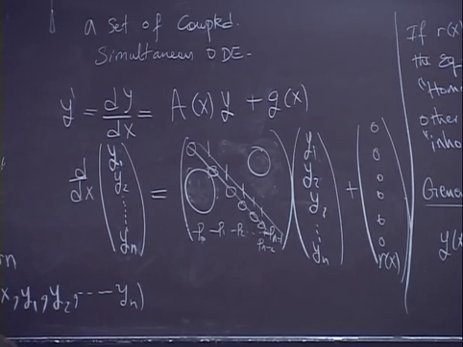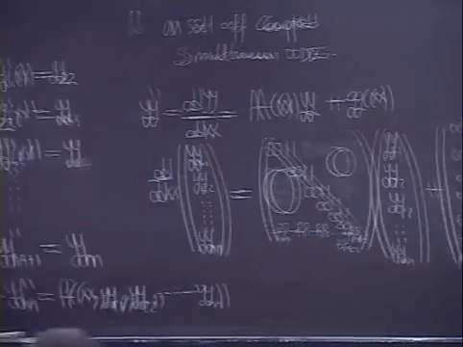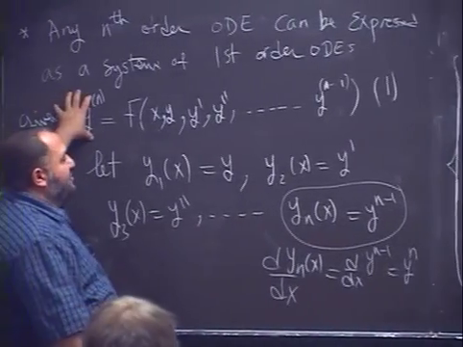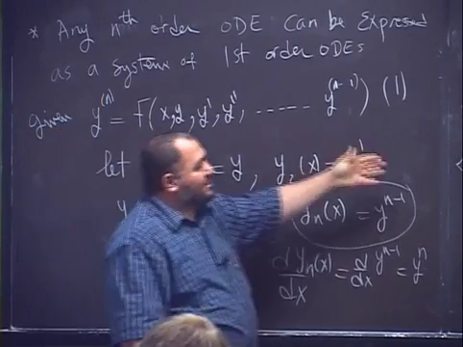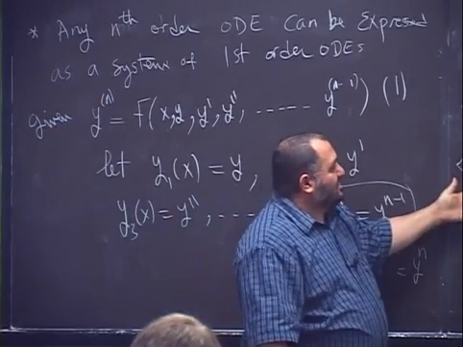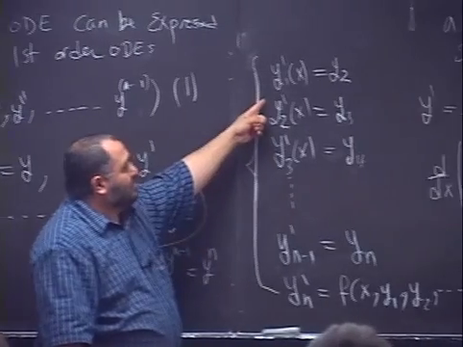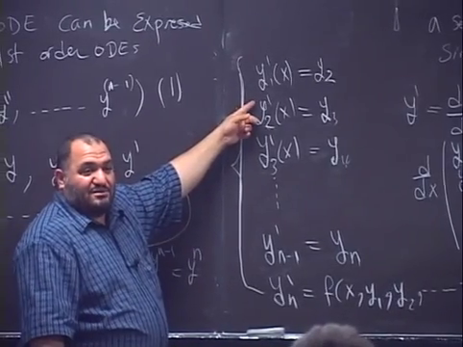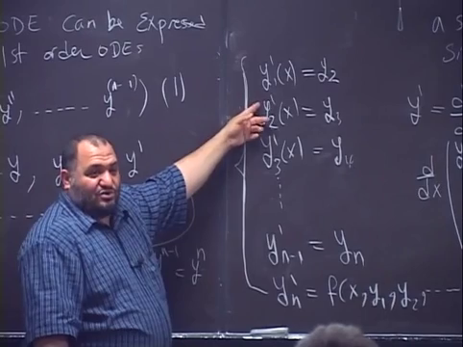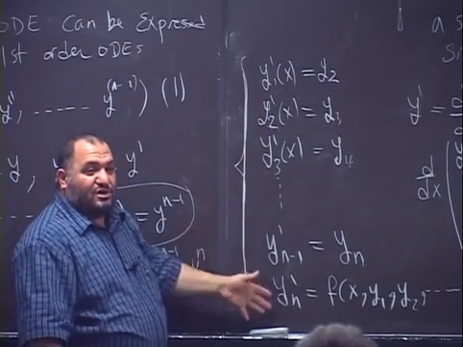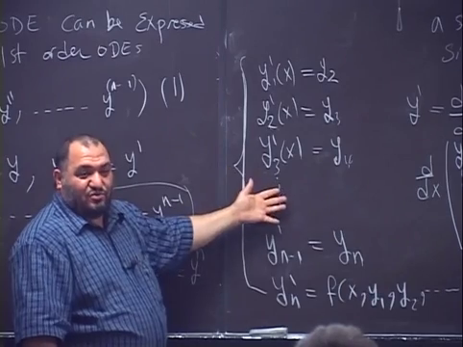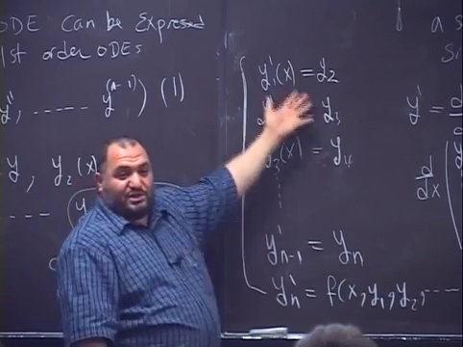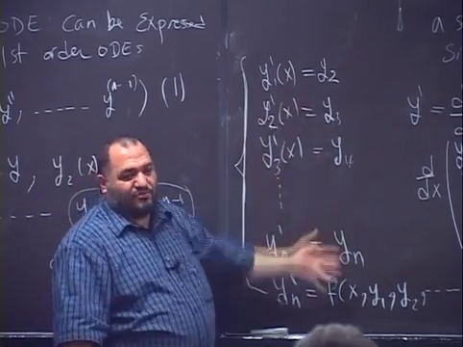Okay, guys? So now we succeeded in transforming an nth order differential equation with variable coefficients to a set of linearly coupled differential equations of first order. All of them are first order. So it is important now to look at how we will solve a first order differential equation to be able to see how we will solve a system of equations like this.